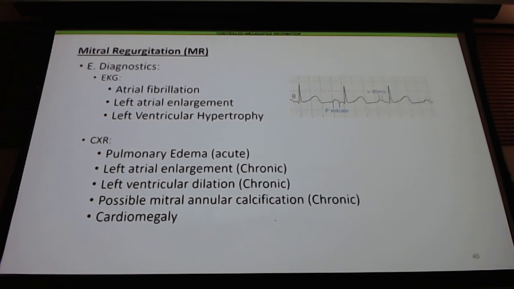Now with mitral regurgitation on the EKG, you're going to see that left atrial enlargement, but because the left ventricle is also being affected by this condition, you're going to see those compensatory changes also on the EKG of the ventricle. So you're going to see that left ventricular hypertrophy present with this.